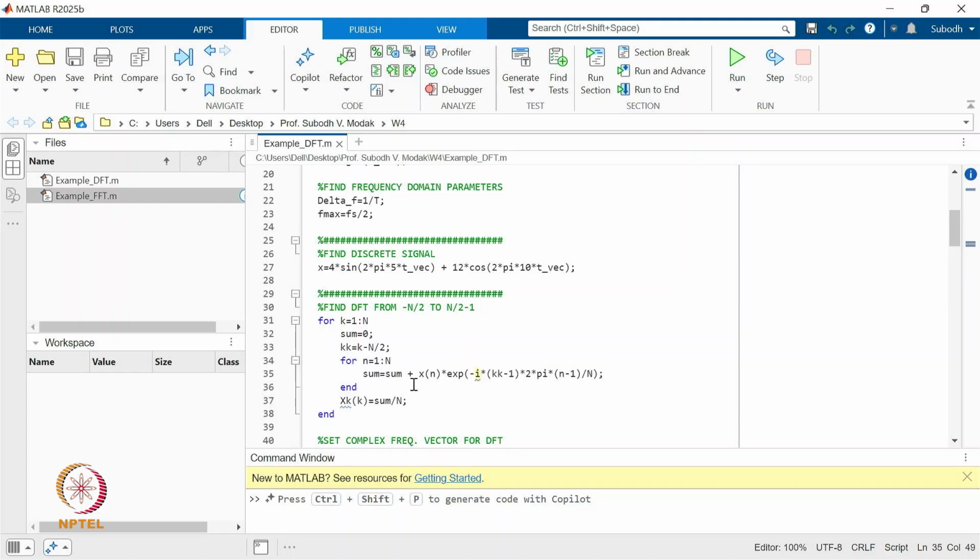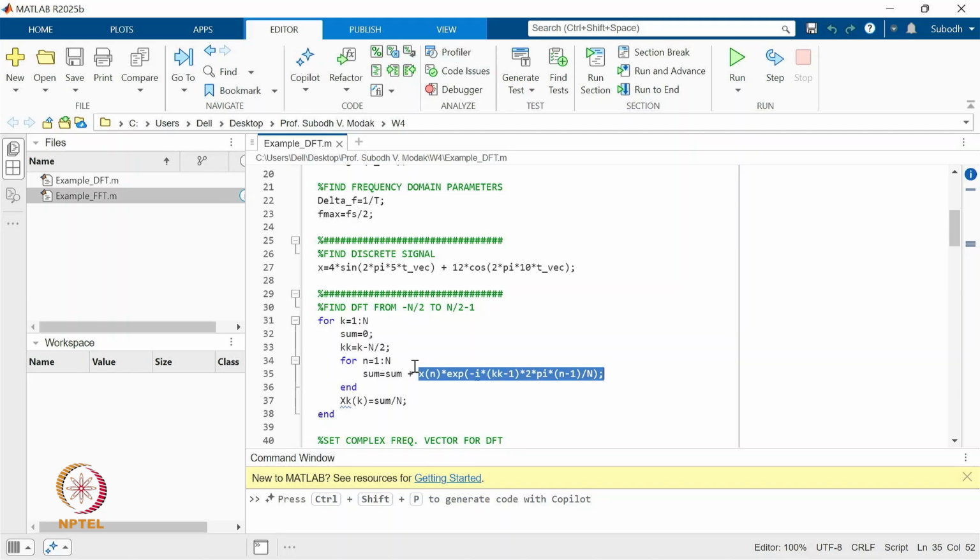You can notice that what I have done is, if you look at this part, this is nothing but the right hand side of the formula I wrote earlier. And here in place of n I have substituted n minus 1, because our for loop is starting not from 0 but from 1. So, in order to make that compensation I am subtracting 1.